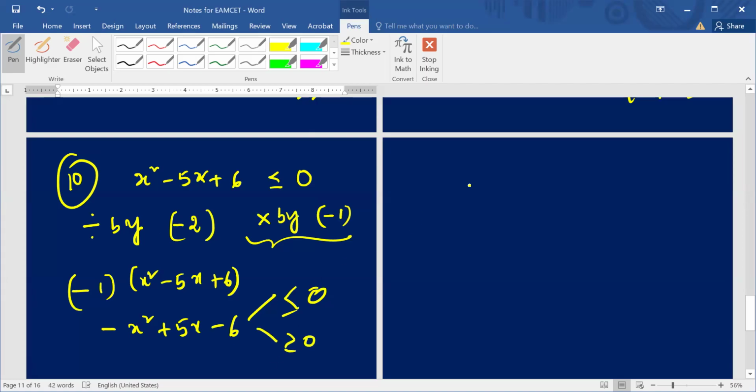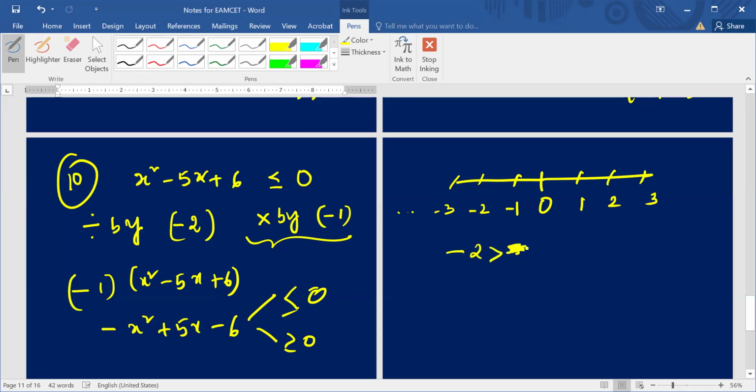Why? I'll tell you. In the integer line, you have 0. Towards this side you have -1, -2, -3, and so on. Here you have 1, 2, 3, and so on. If I say -2 is greater than -3, obviously -2 is greater than -3.